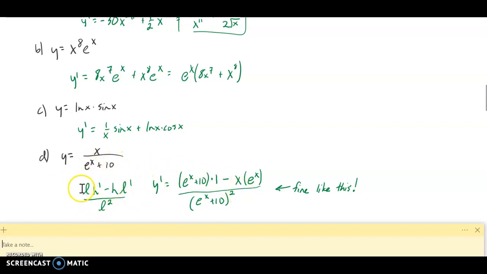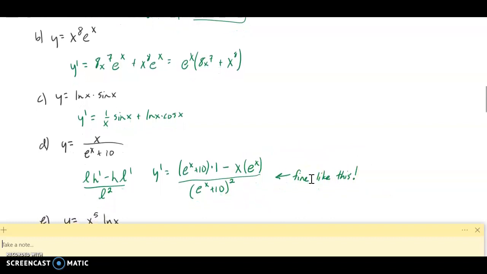So this is the low. Notice I start with that, so I write e to the x plus 10, and then times the derivative of the top. Well, derivative of x is 1, minus x, that's the high, times the derivative of the bottom. Well, when I derive that, the e to the x goes to an e to the x, and the 10 goes away because its derivative is 0. So I get this guy, and then I get this squared. So this is totally fine like this. You don't have to simplify that at all.